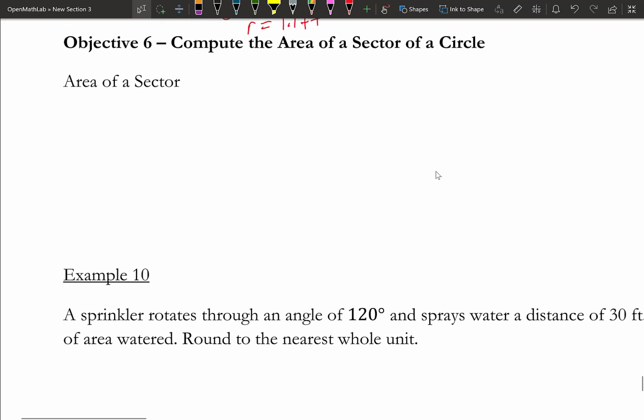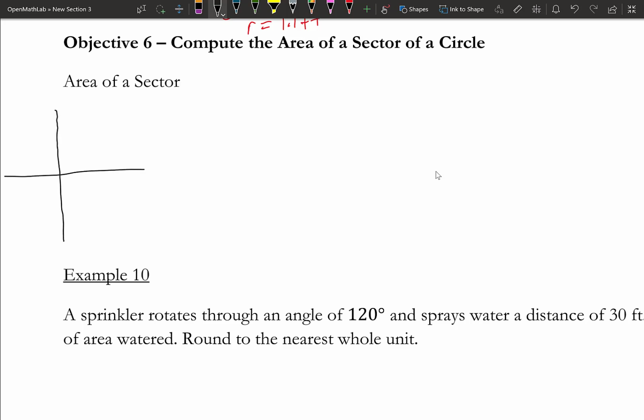All right. So the next objective that we want to look at is computing the area of a sector of a circle. Let's draw a picture of what we're thinking about.